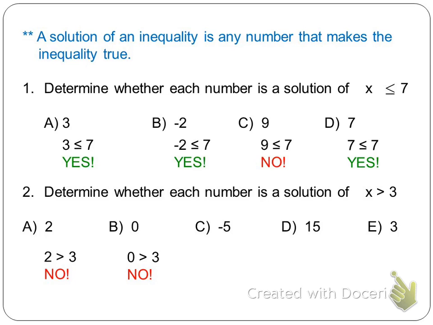No. Is negative 5 a solution? No. Is 15 a solution? Yes. Is 3 a solution? No. Right. If there was the or equal to line underneath, then 3 would be a yes. But here it has to be greater. Like 3.1 would work, but not 3. Questions?